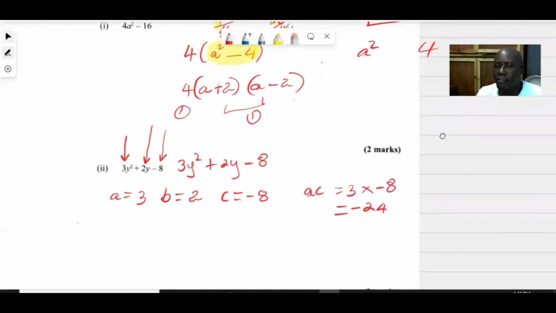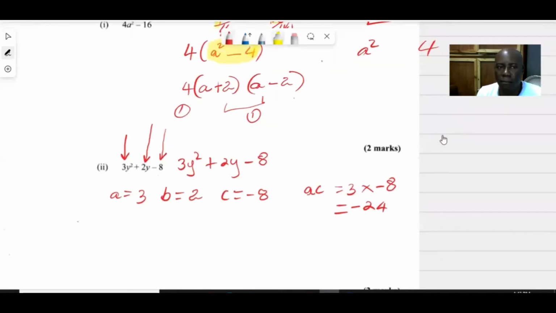Now, whenever you're factorizing by the AC method, when you find this number here, you're going to have to go on a little mission. The mission is that we want 2 numbers that when you add them, they give us 2. And when you multiply those numbers, they give us back 24. Now, the good thing is those numbers can go into 24 without a remainder.